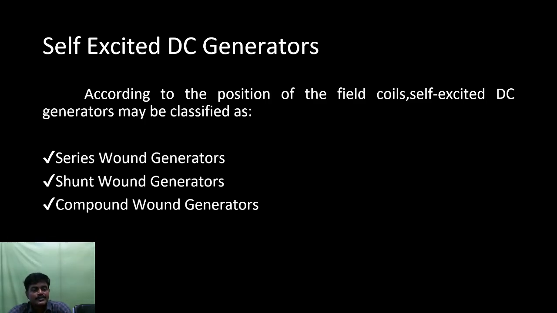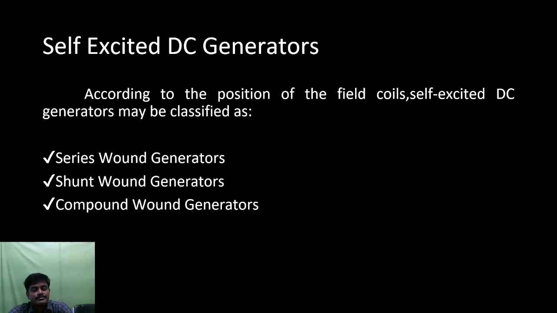Likewise here, the field coil is exactly in series with the armature coil, without any disturbance. So we connect only one point of the 2 components. That's why we can say this is the series wound generator.